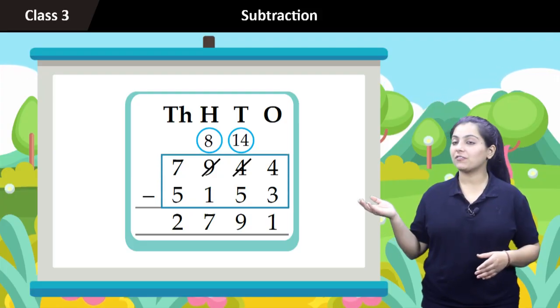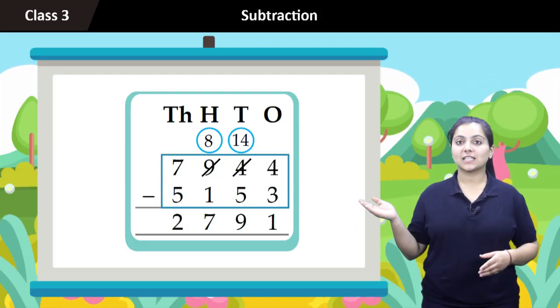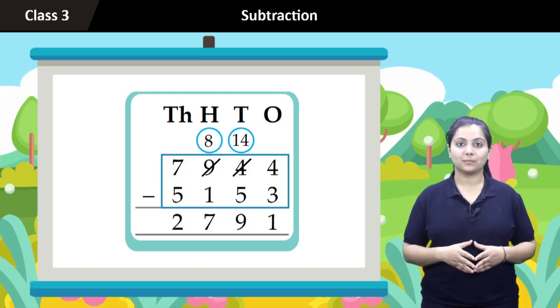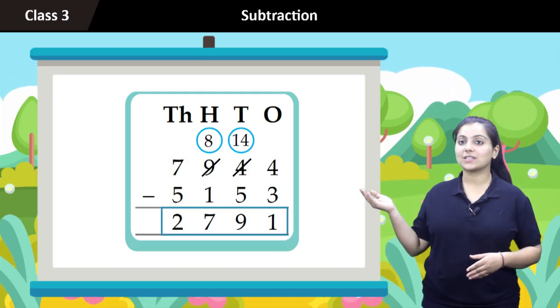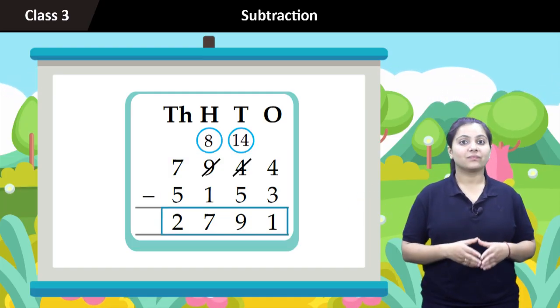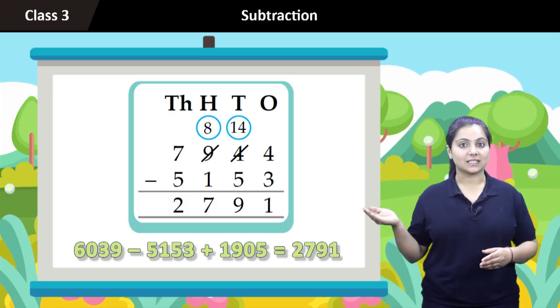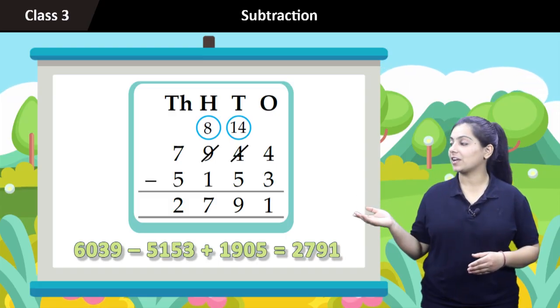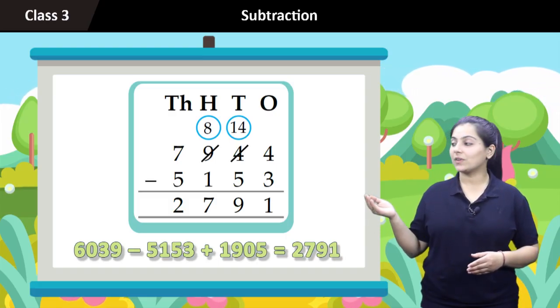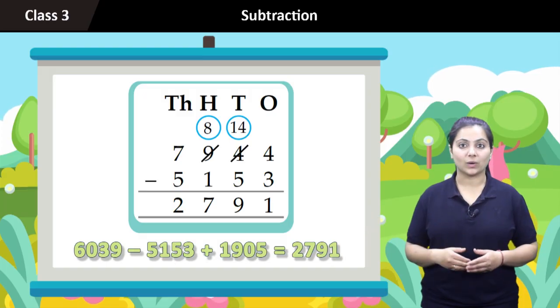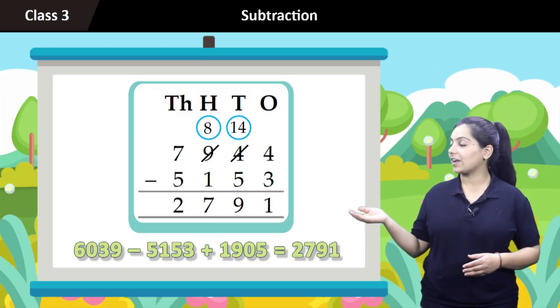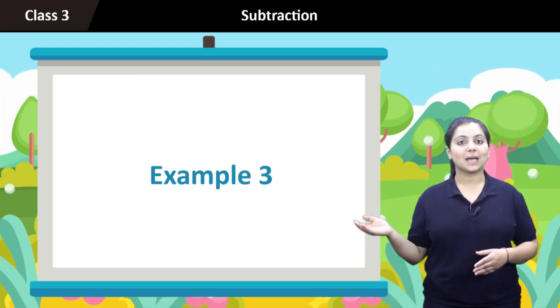Subtract 5153 from 7944. The answer is 2791. Thus 6039 minus 5153 plus 1905 is equal to 2791.